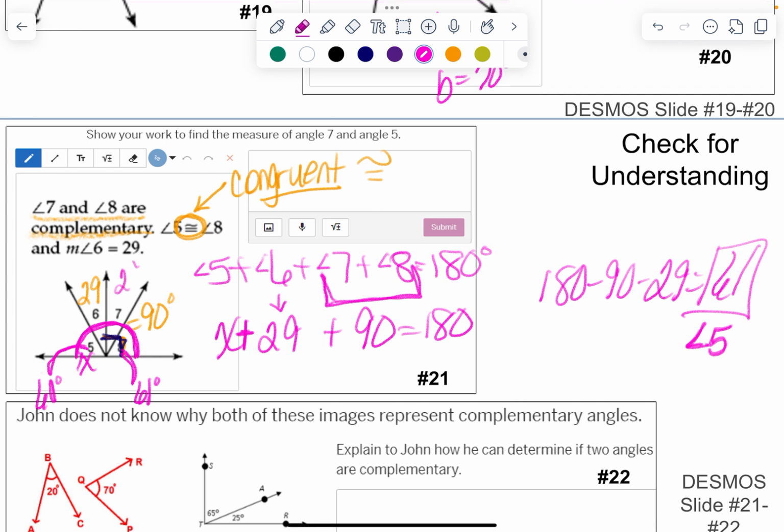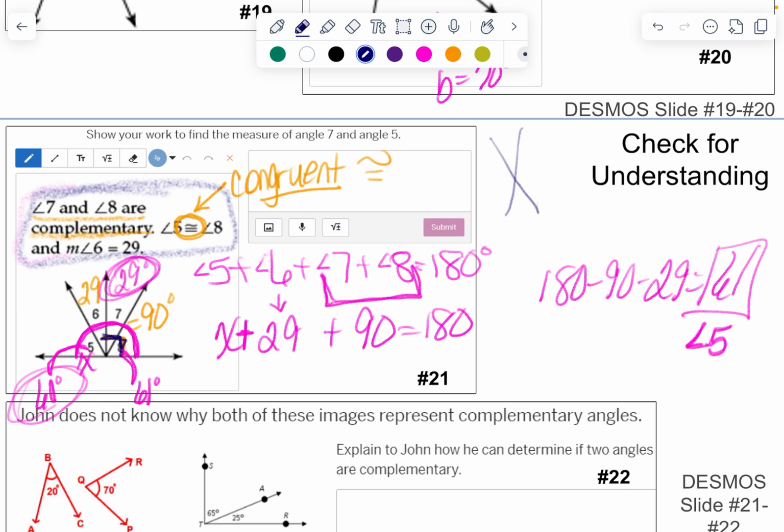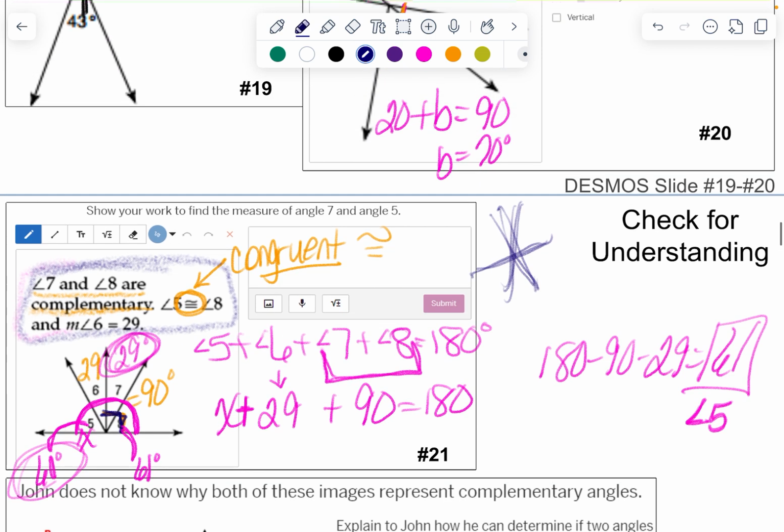Angle 7 is also 29 degrees. So we found angle 5 and angle 7 by using everything they gave us in that little bitty problem right there. This little bitty problem right here gave us everything we needed. Okay, so you may need to go back through and re-watch me do that whole thing again. Okay?